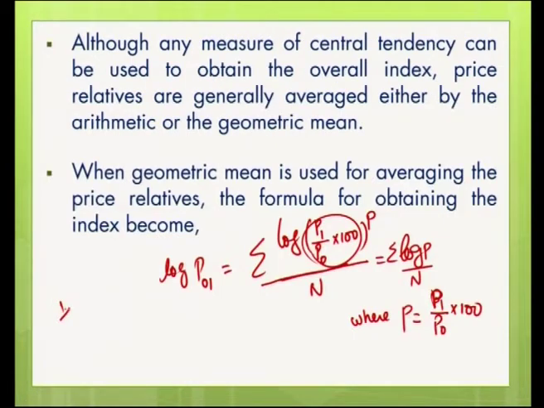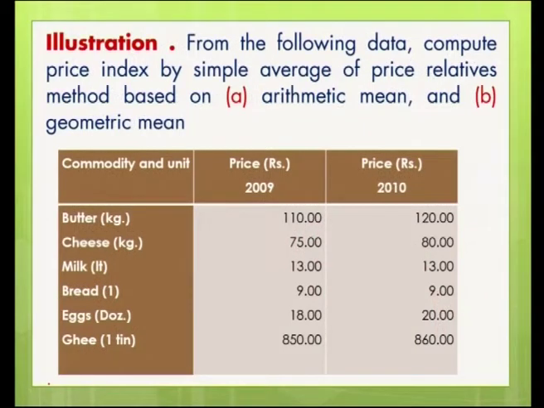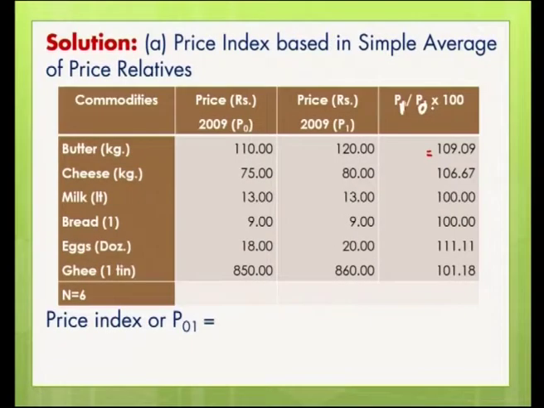So, this is index numbers by the geometric mean method. Again the same problem you can take into account, commodity and unit butter, 2009 and 2010 it is 120. Likewise the same values are given. We shall see how the price index is calculated using a simple average of price relatives.